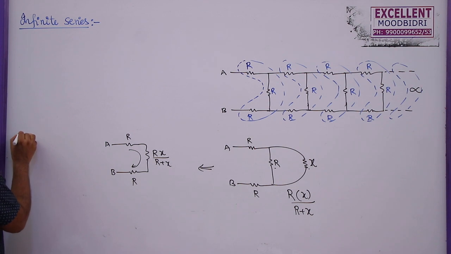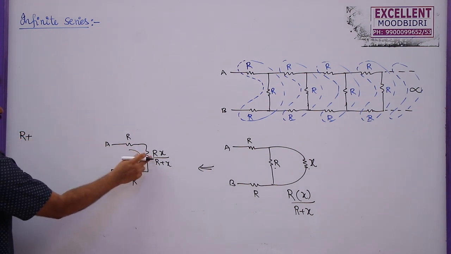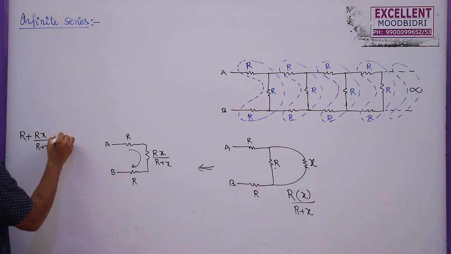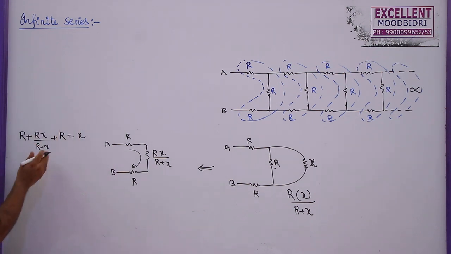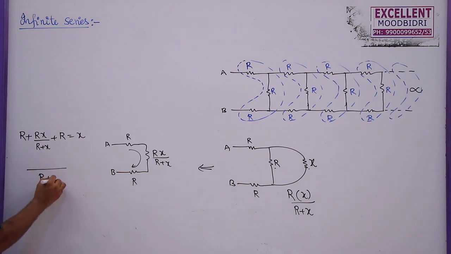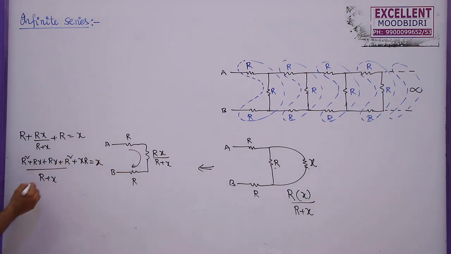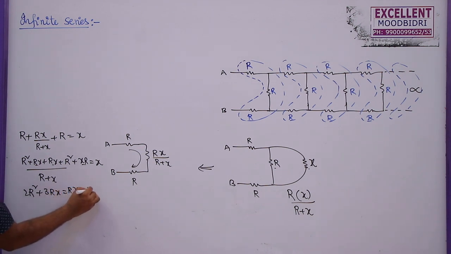So for series we can use this formula, R1 plus R2 plus R3, that is R into X by R plus X plus R is equal to X. So take LCM here, this is R plus X, this is R square plus Rx plus Rx plus R square plus XR is equal to X. R square, 2R square, Rx, Rx, this is Rx. So this is 2R square plus 3Rx is equal to Rx plus X square.